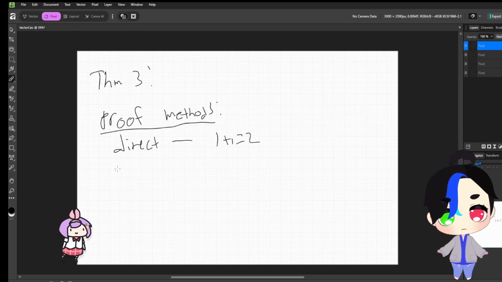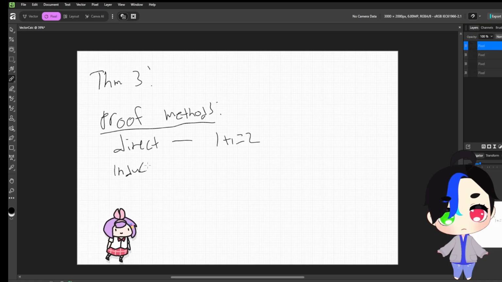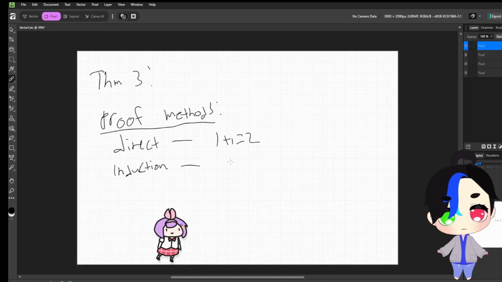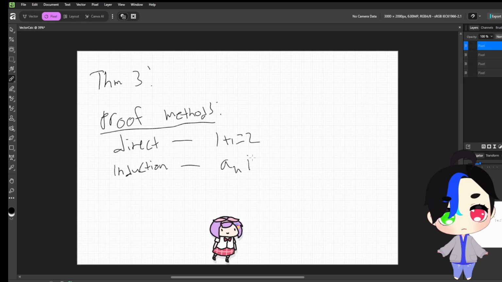You have proof by induction, which is, let's say, for instance, you have A_n is true for n equals 1.